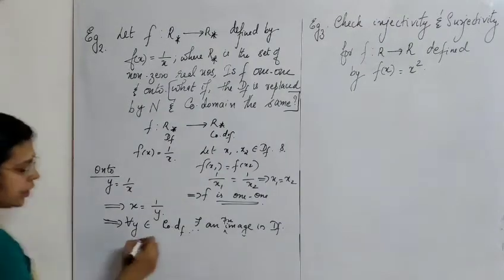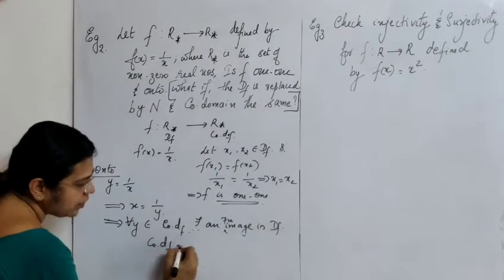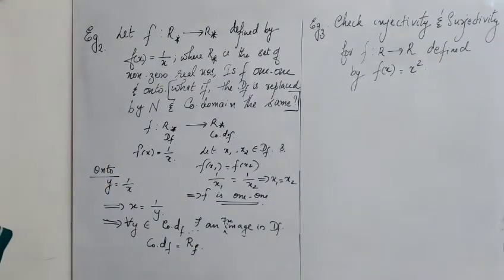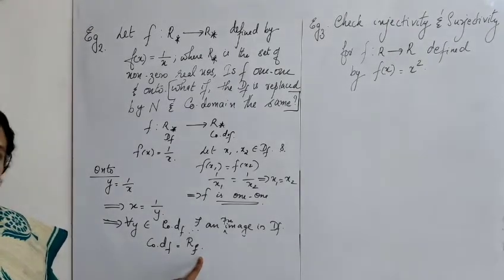That means here the codomain of the function is equal to the range of the function. Can I come to the conclusion that the codomain of the function is the same as the range of the function?